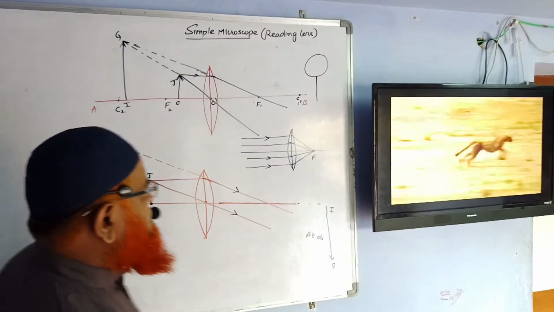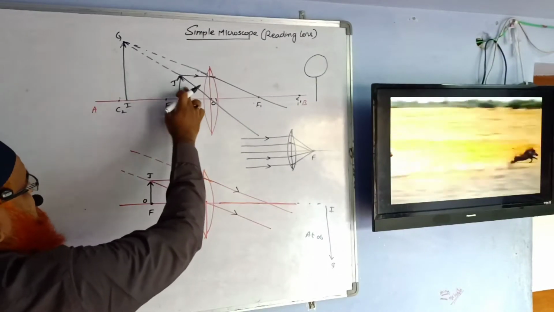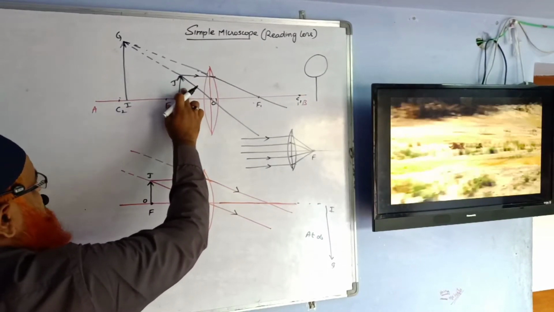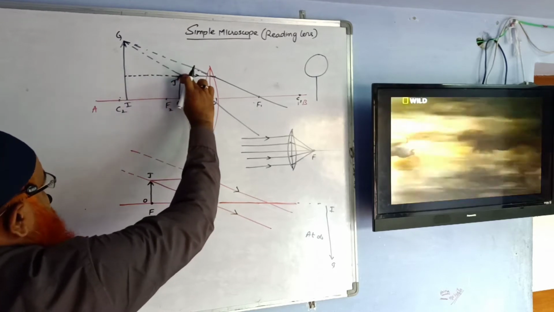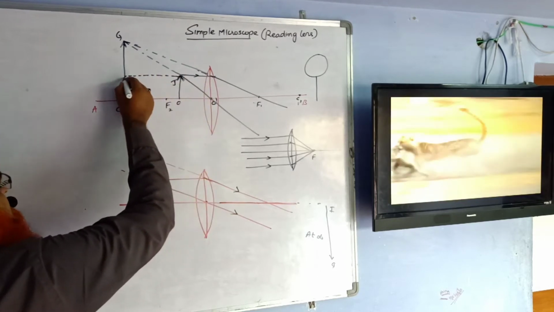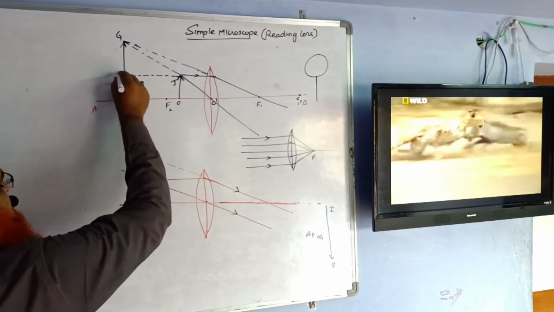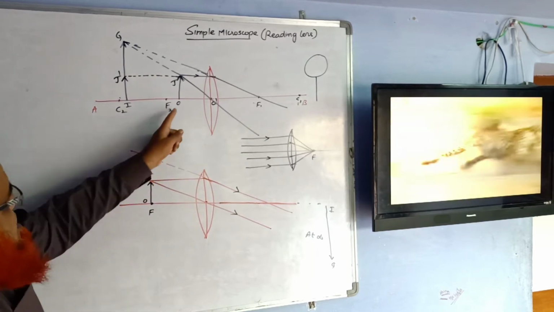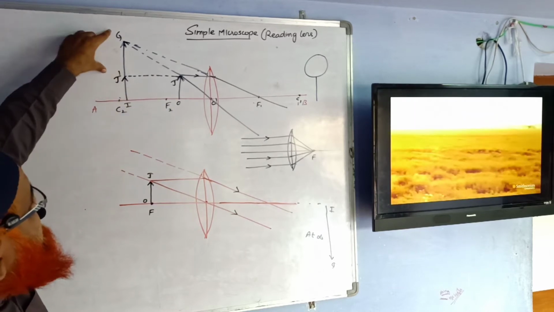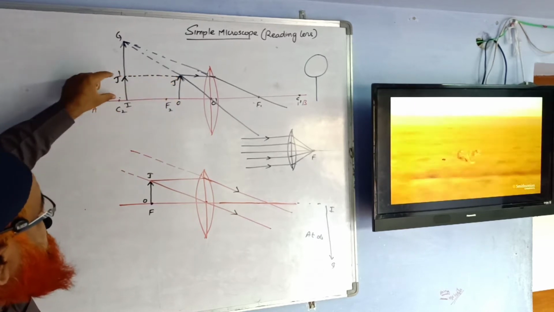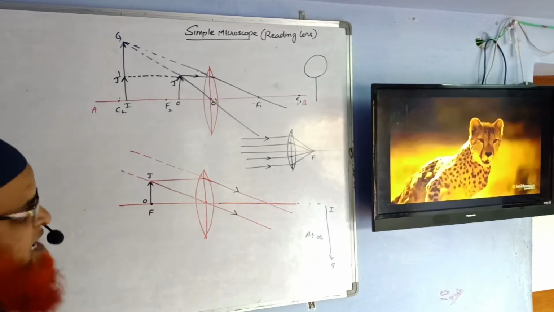Now here also, when the object is here, you can't compare the angular magnification of the object and the image. Now I am going to shift this object to this place here, that is called J dash. Now this is OJ, this is IJ dash, and IG is the image. I am shifting the object here so that I can compare the angles.